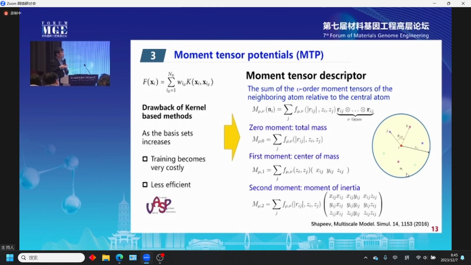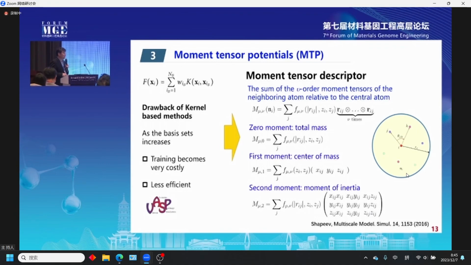If we compare this mathematical description to physics concepts, when mu equals 0, this corresponds to the total mass of the system. It's a static moment. If mu equals the first moment, then it describes the center of mass.